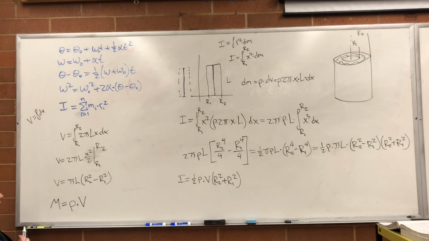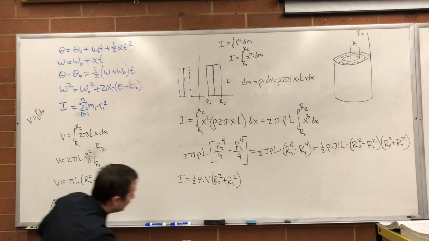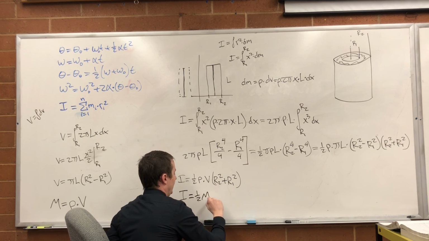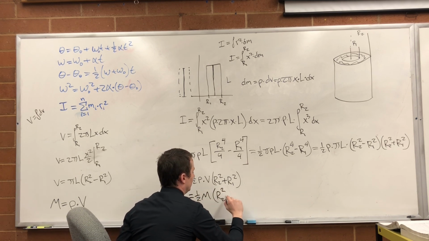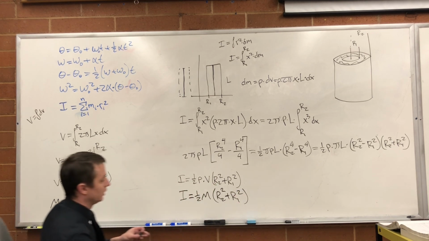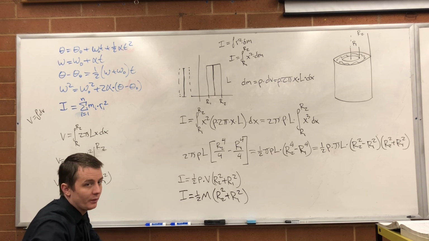Rho is density, which is mass per volume. So this is kilograms per meter cubed, and this is cubic meters, so it cancels out. So we can also write I is equal to 1/2 the total mass times R2 squared plus R1 squared, which is a formula that you'll see if you look it up on your paper.